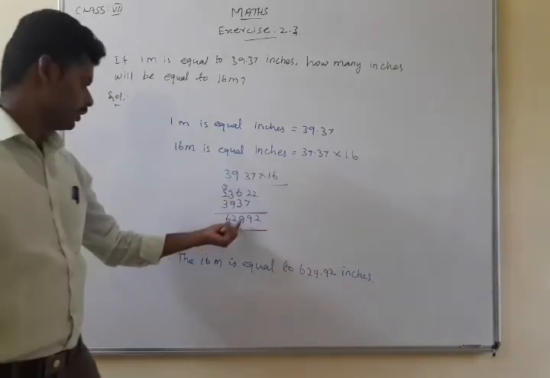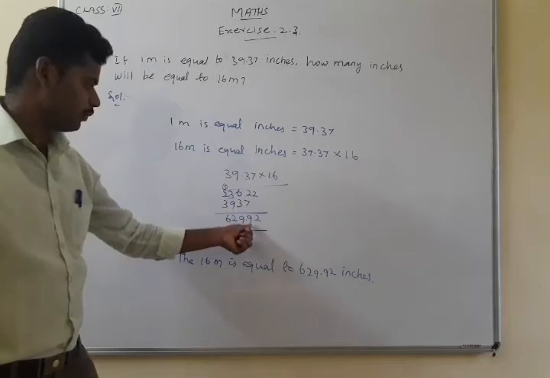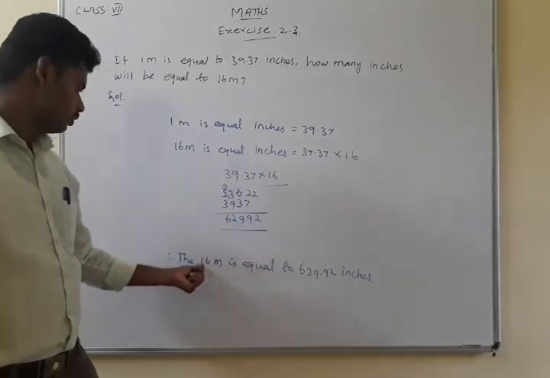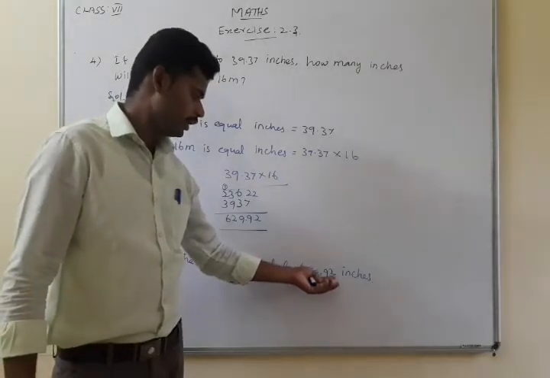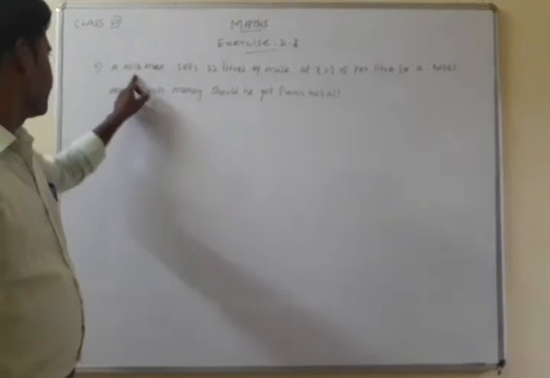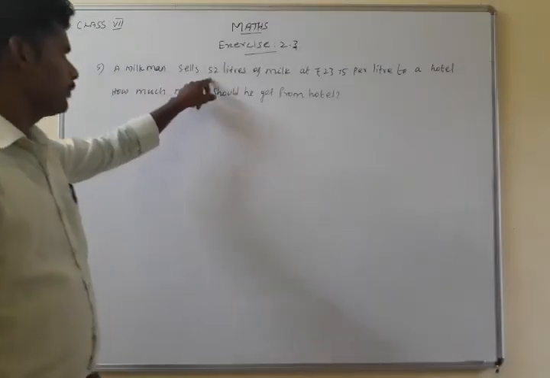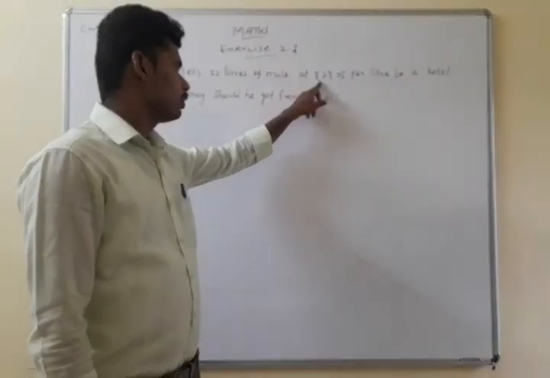These two multiply. Here 2 decimal points having, so 1, 2. 629.92. So the 16 meters is equal to 629.92 inches.